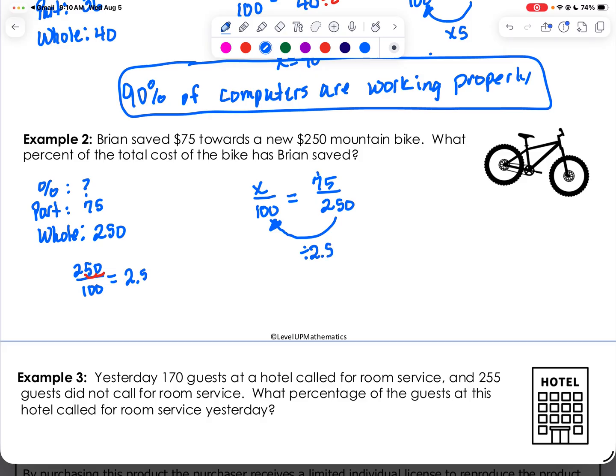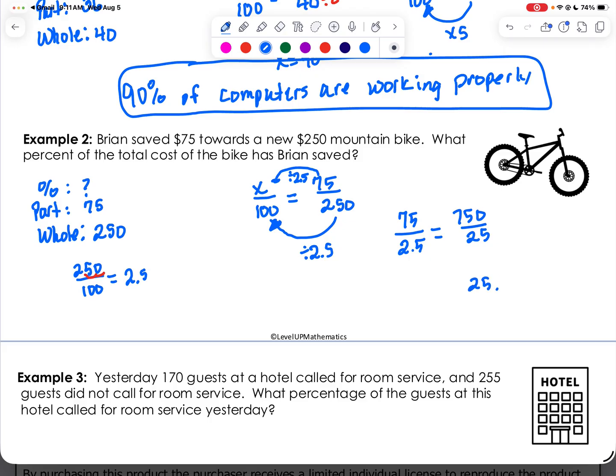I would just have to do the same thing to the top to find my missing number. I'm going to divide by 2.5. So 75 divided by 2.5 is the same thing as 750 divided by 25.